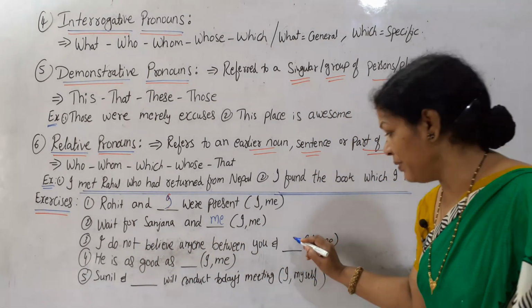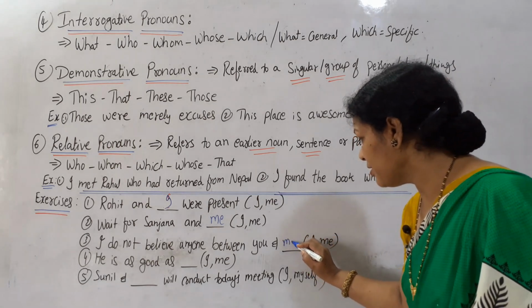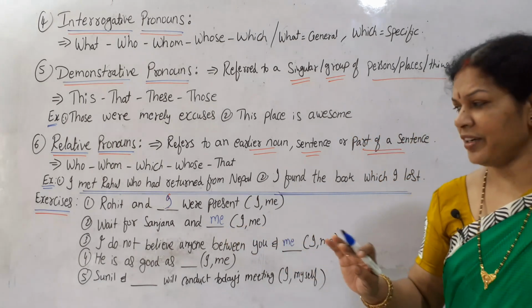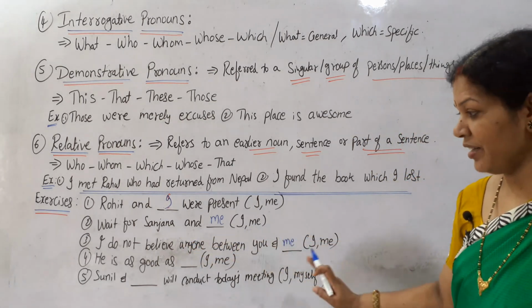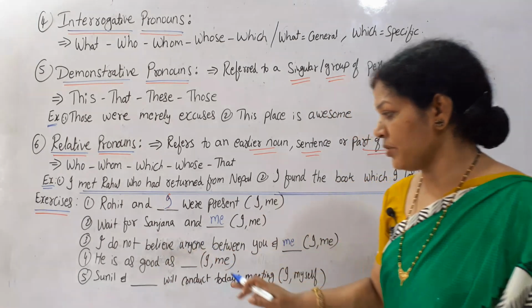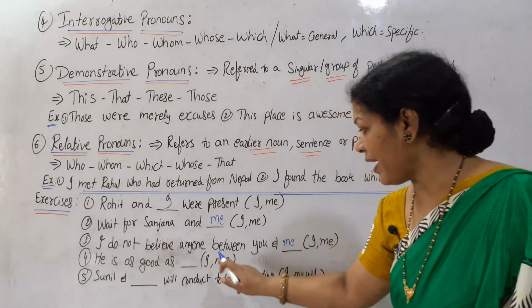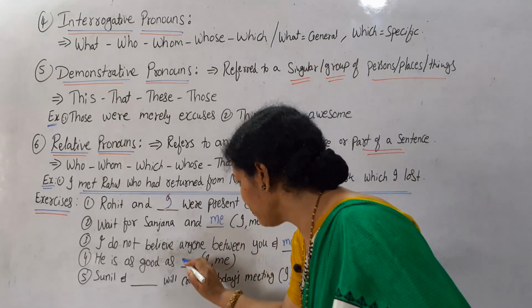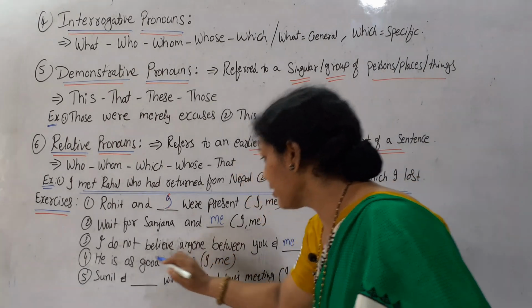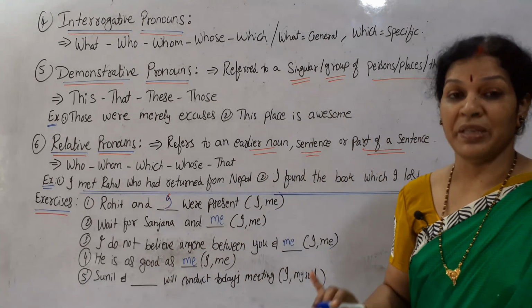Here it comes me. Just use the sentence and you will get an idea. I do not believe anyone between you and me. Right. Next one: He is as good as I or me? Me. He is as good as me.